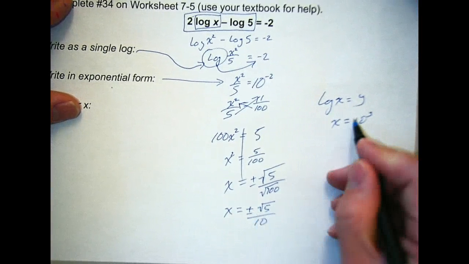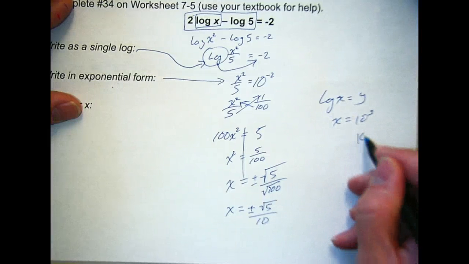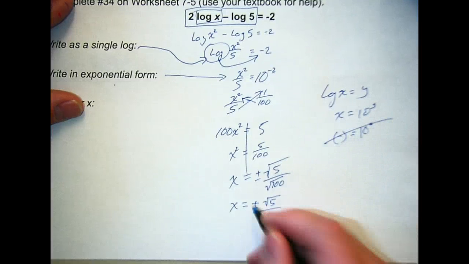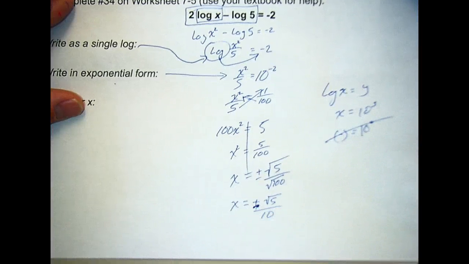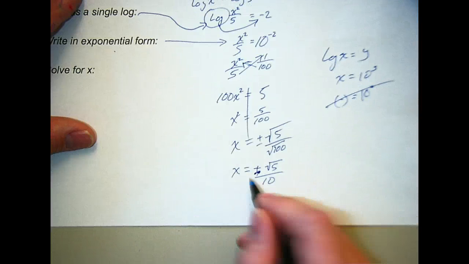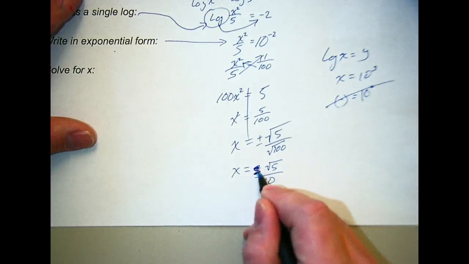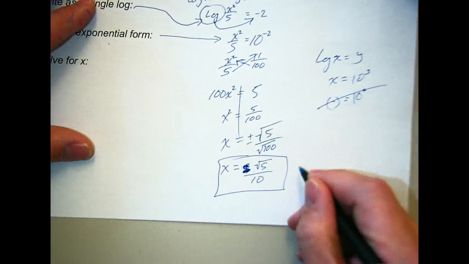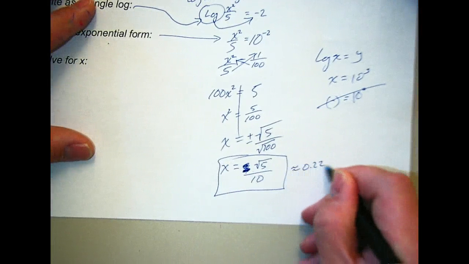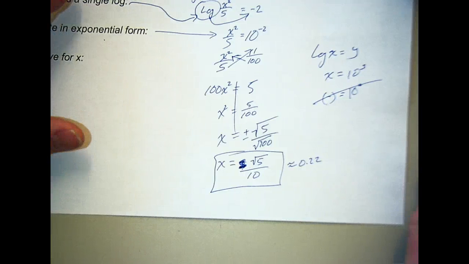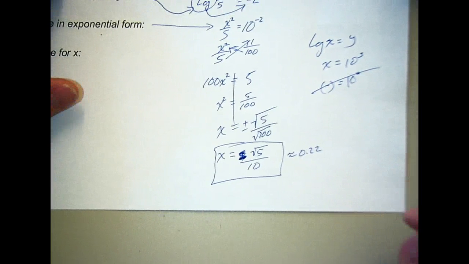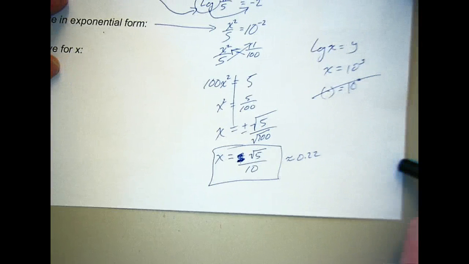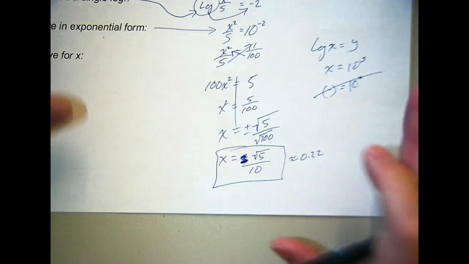If I put a negative in here for x, can anything to a power equal a negative? No. My negative is extraneous. We get rid of that negative. So it's just the positive. You don't even need to put positive. Just get rid of those. That is your solution, which I believe is approximately 0.22. If my math is correct, and if I can remember from when I looked earlier. Okay? All right. Now, questions on steps within that?